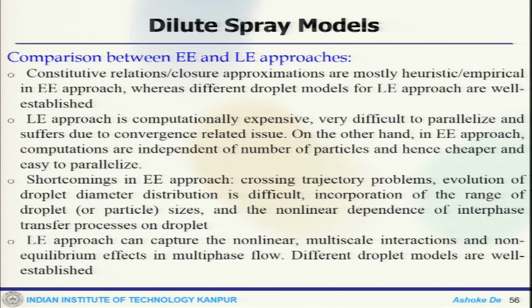Now, if we compare both these approaches, Eulerian and Lagrangian, you have constitutive relations. Closure approximations are mostly heuristic or empirical in the Eulerian approach. The Lagrangian Eulerian approach is computationally expensive, very difficult.